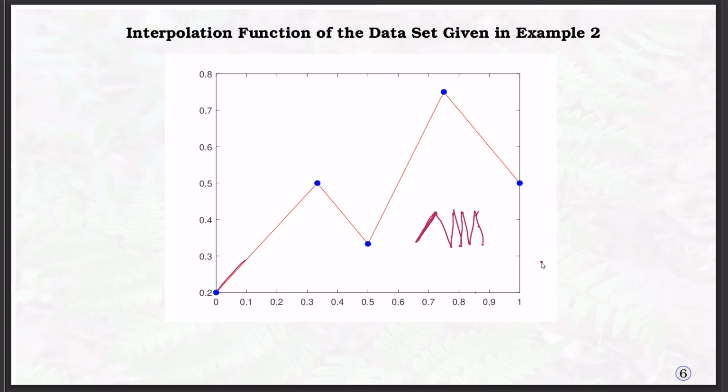If we have 4 points like this one, then you connect this point and this point and this point; the function is continuous in this interval, as well as smooth here, therefore one can say this is a differentiable function.